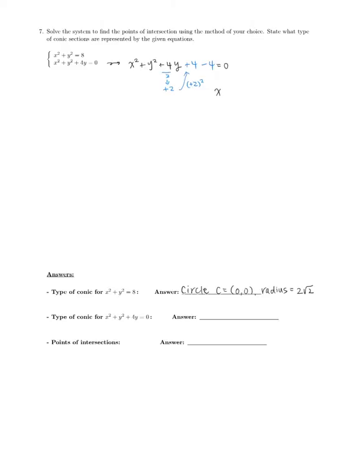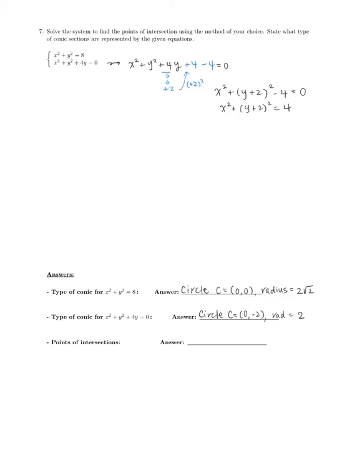Looks like we're going to have x squared plus (y plus 2) squared minus 4 equals 0. So bring the 4 to the other side, and it looks like x squared plus (y plus 2) squared equals 4. So again, this is an equation of a circle centered at 0, negative 2, and the radius is going to be 2.